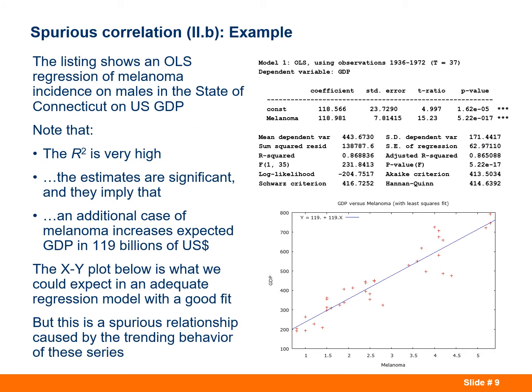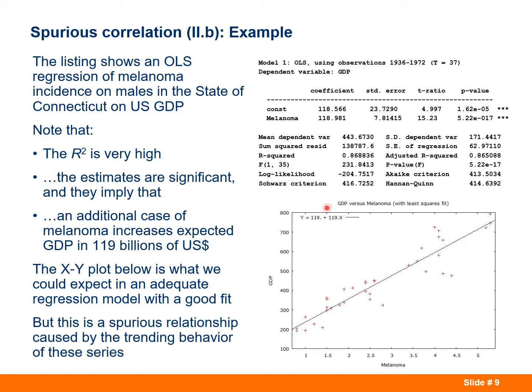Okay, so with this data, if we fit a linear regression with the dependent variable GDP and the explanatory variable melanoma incidence with a constant term, you will get important coefficients. They happen to be similar, but there is no reason for this, with a very small standard error, yielding a strong and significant relationship, with an R squared of 87%, close to this value.